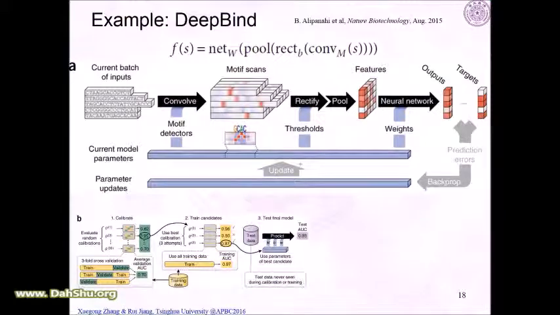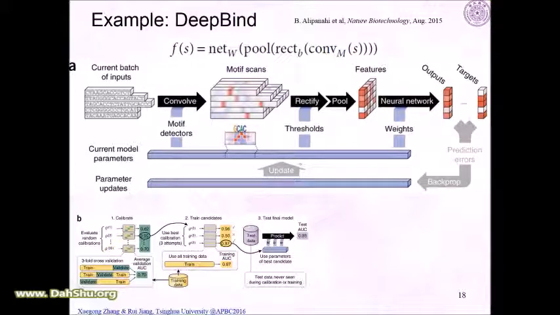This is the structure of their deep neural network. They get a group of training data, the DNA sequences. They use the convolution layer and rectify it using ReLU and use the pooling, the subsampling, and they use only one round of this convolution, rectify, pooling.